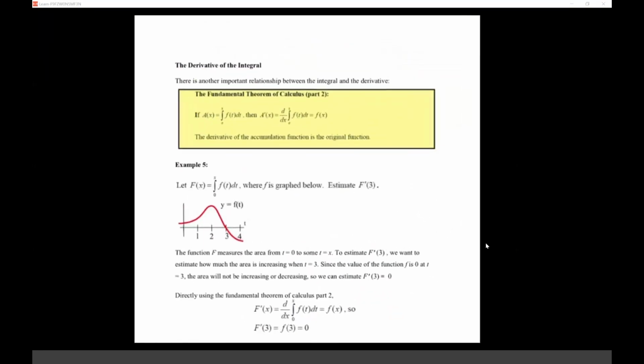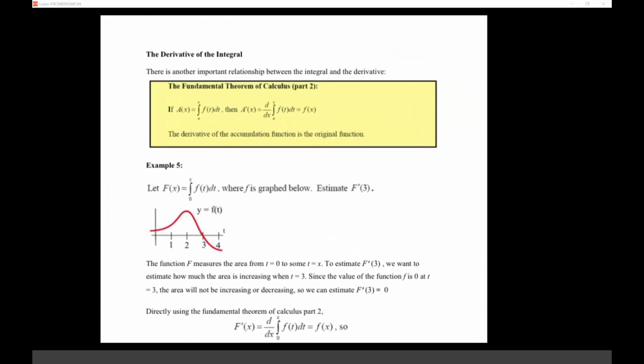Okay, so we've kind of alluded to the fact that derivatives and integrals kind of undo each other. So here's kind of the relationship between the integral and its derivative, okay? If I have an integral of a derivative and I differentiate it again, right? I get back what I started with, okay?